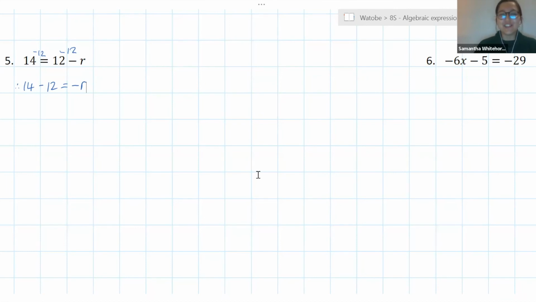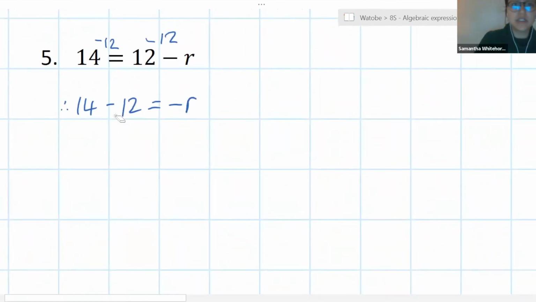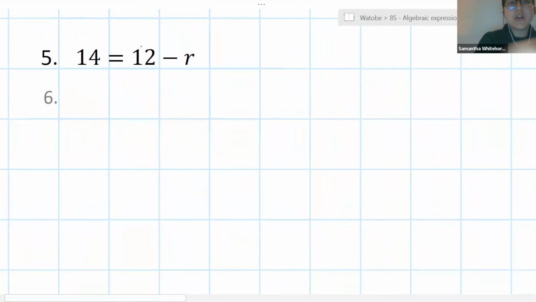Okay, guys, so just be careful. If we look at this equation, I'm just going to make this bigger, and I will get to question 6. So if you don't have it, don't stress. Remember, this 12 is actually a positive 12. So if I'm going to use inverse operations, I want to subtract 12, which means I actually have 14 minus 12 is equal to negative r. And 14 minus 12 is 2.